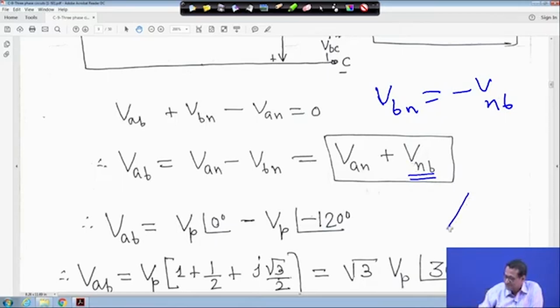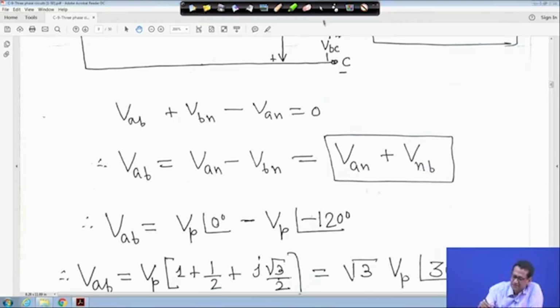I mean, suppose your phasor notation for VBN is in this side, if you want to make VNB, it will be just opposite, a 180 degree shift, right. So that's why it is written plus VNB. So let me clear it, right.